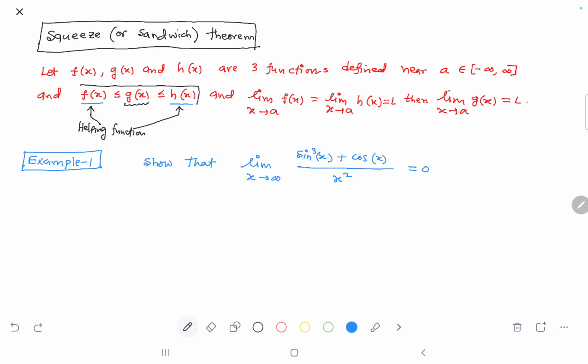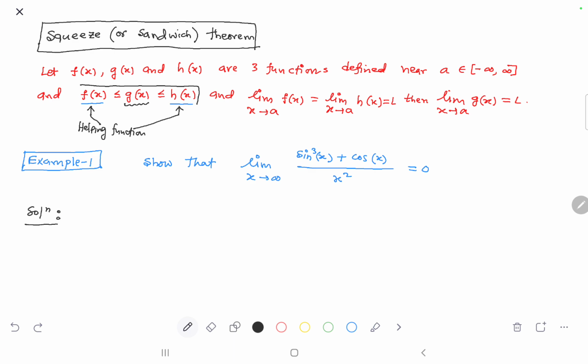Okay, Mayan? Right. We see that this is our g(x) function here. We will find f(x) and h(x). So the solution.